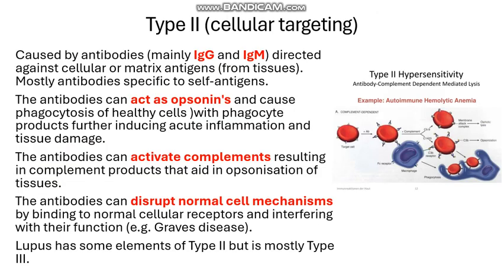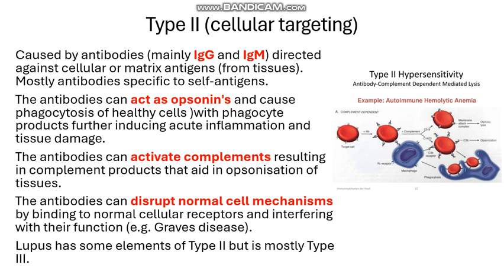So the type 2 hypersensitivity reactions are talking about cellular targeting. So they're caused by antibodies, mainly immunoglobulin G and immunoglobulin M, directed against cellular or matrix antigens from tissues. So mostly the antibodies produced here are specific to self-antigens.